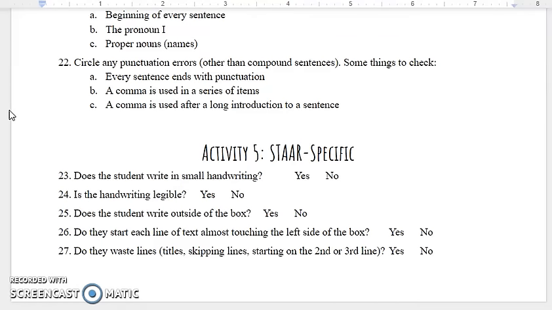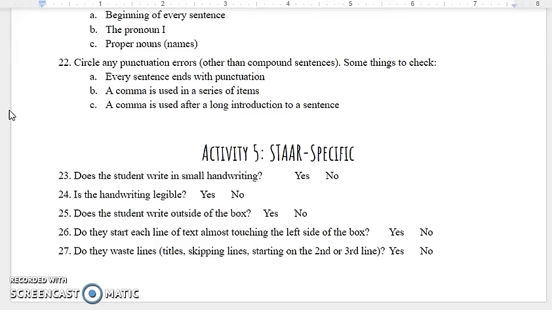Is the handwriting legible? If it's not legible, the STAR people don't try to decipher it. They just don't grade it. So if your handwriting is illegible, meaning they can't read it, then you've essentially wasted your time and guaranteed yourself a failing score.